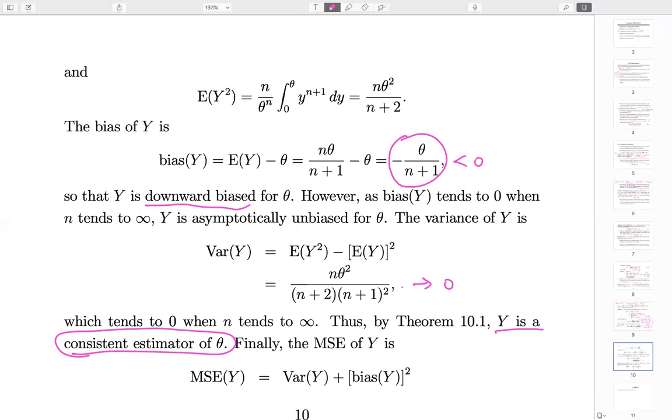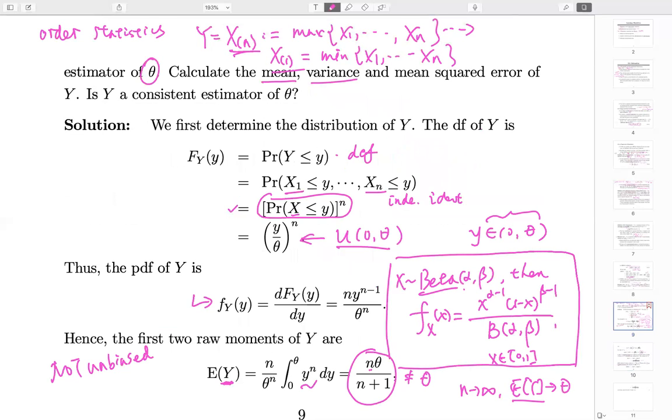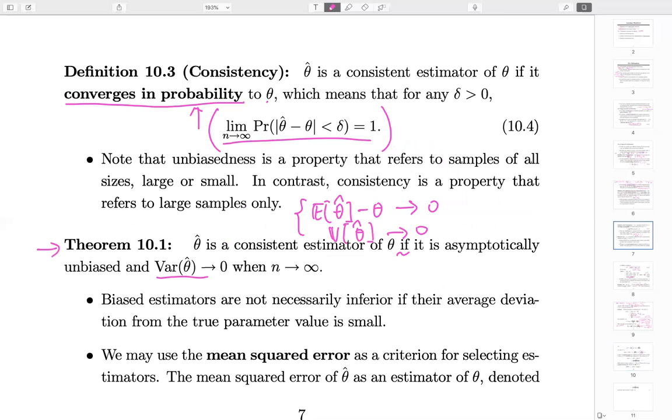By the way, you can try to reason from the definition. Here's the definition. You can try to calculate it because you do know the probability, right?